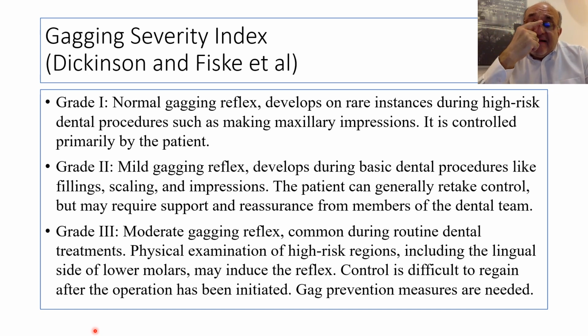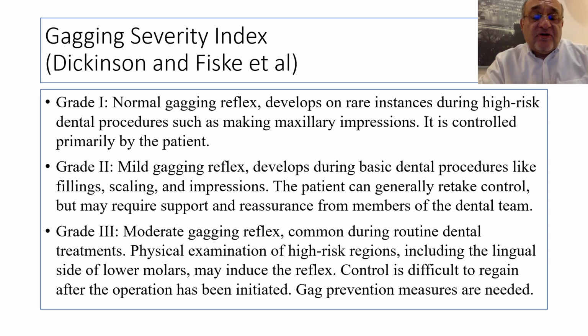Grade 2 is a mild gagging reflex. This develops during basic dental procedures, such as fillings, scalings, impressions, and the patient can generally retake control, but sometimes the gag reflex may require support and reassurance of the dental team.